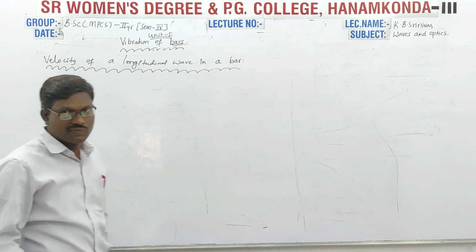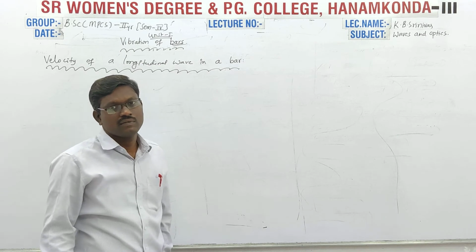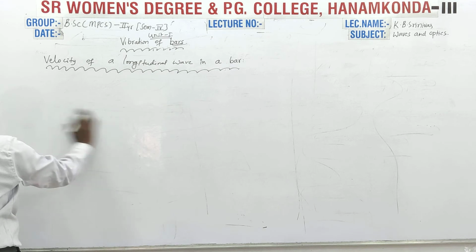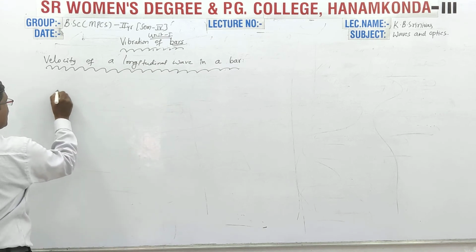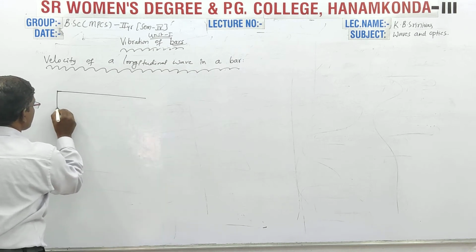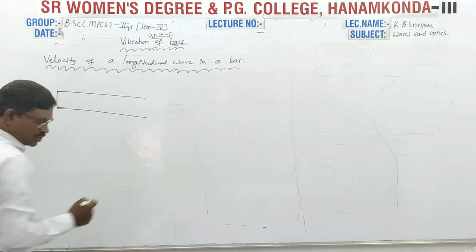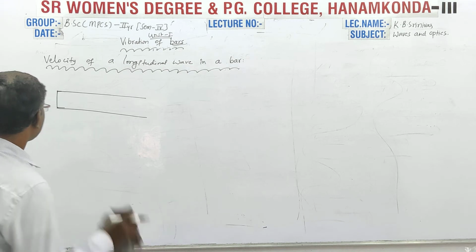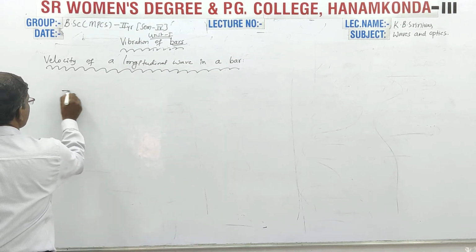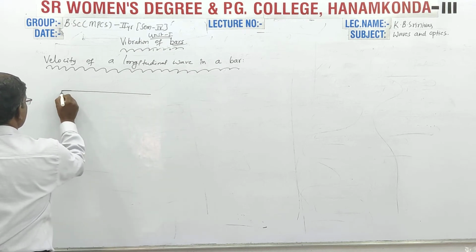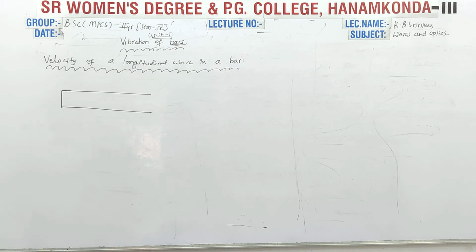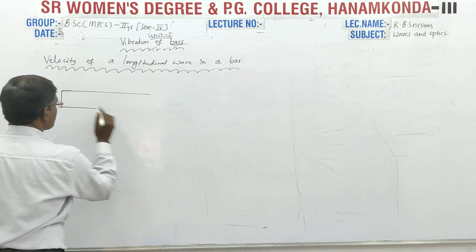You have to find an expression for the velocity of a longitudinal wave in a bar. Let us consider, diagram is very important, a bar whose area of cross section is uniform. This is a bar whose area of cross section is small a. Here I am considering a bar with uniform area of cross section.